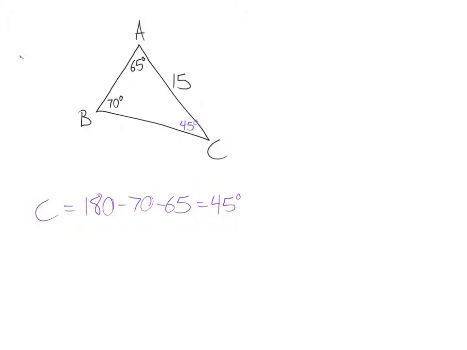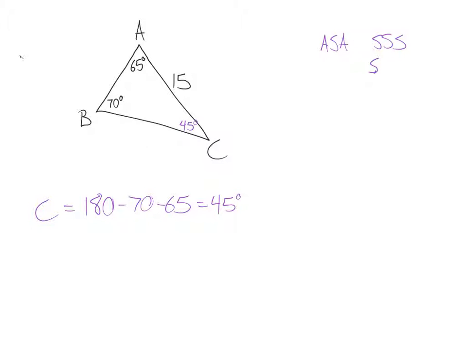Now that we know that, we've confirmed that this is not a right triangle. So how do we decide which rule to use? It's like angle, side. Okay, we had different patterns, right? We had angle, side, angle. We had side, side, side.